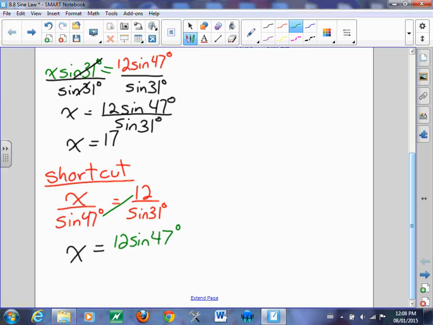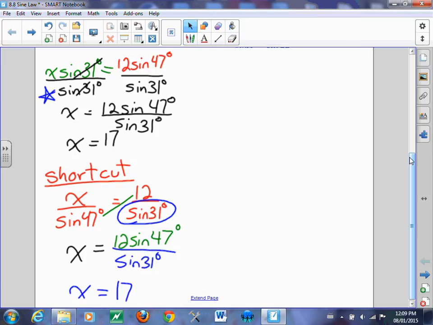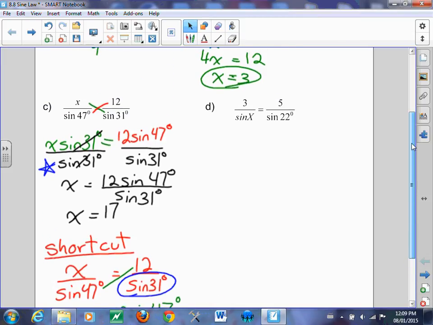Okay, and what we would normally multiply x by first, we'd have to also divide it like we did up here. So we're just going to automatically divide it by sine 31 degrees. Just saves you a line. Okay, so then you'd plug that in your calculator, x equals 17. Again, make sure your calculator's in degree mode, and you should be knowing by now how to plug that in. If you still need help, let me know.